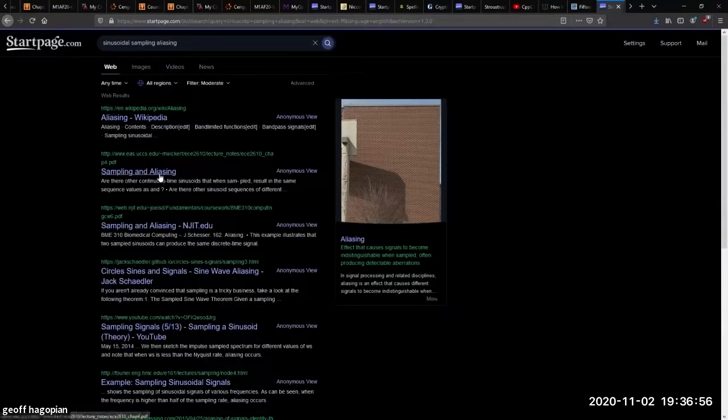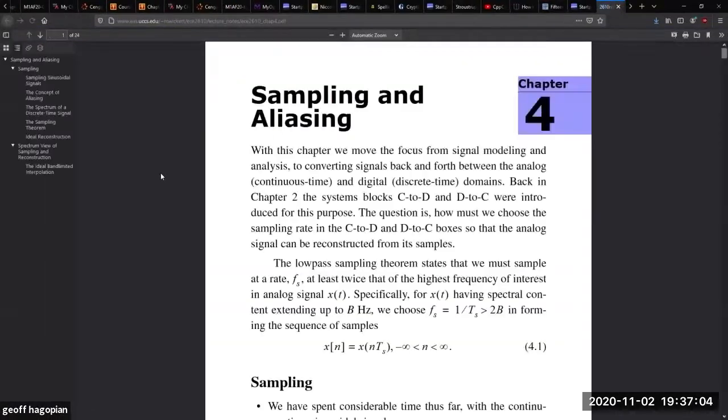Okay, sampling and aliasing. This is UCCS from EAS. I don't know. That's okay. This is the second. Sampling and aliasing, it says here. Are we looking at this? Am I looking at the right thing? I think I am, yeah.